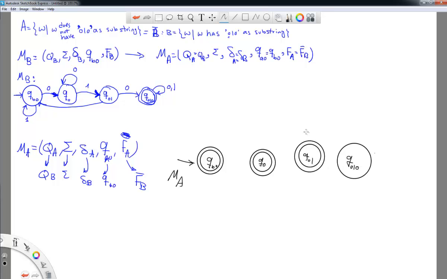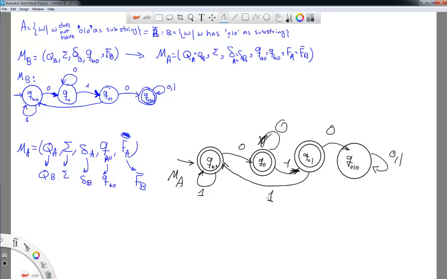Transitions are going to be all the same, so with a 1, I'm going to stay here. With a 0, I'm going to go in here. With a 0, I'm going to stay in it. With a 1, I'm going to go to q sub 1. With a 0, I'm going to go to q sub 1, 0. And then on seeing a 1 from q sub 0, 1, I'm going to go back to the start.